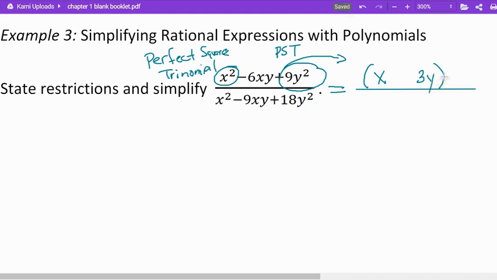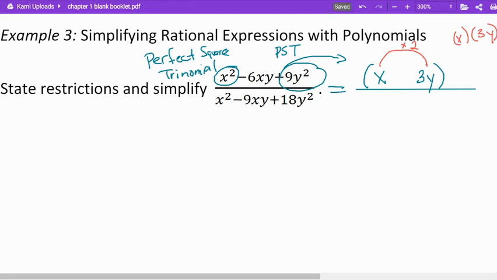And then the way that I do it is I check the SAB rule. If I multiply this term by this term and double it, does it give me the middle term? Let's see. x times 3y equals 3xy, and then doubled gives me 6xy. Yes, it works.